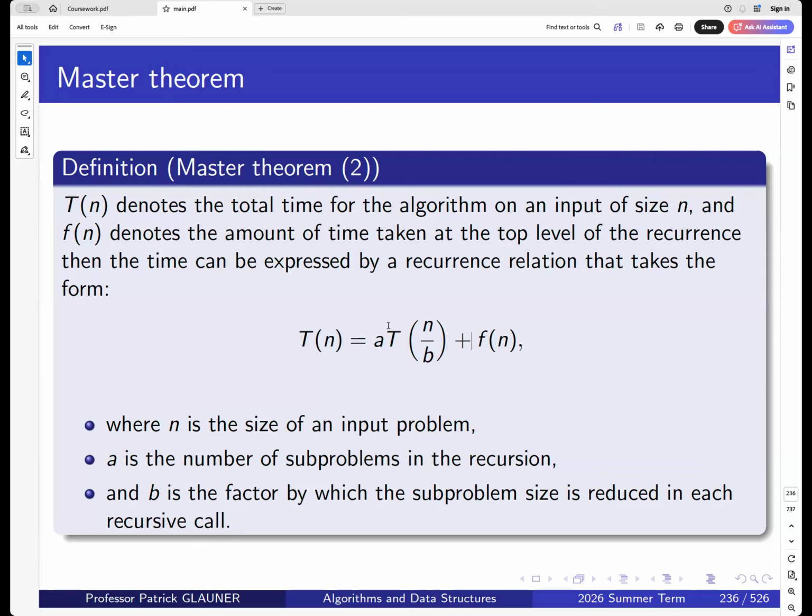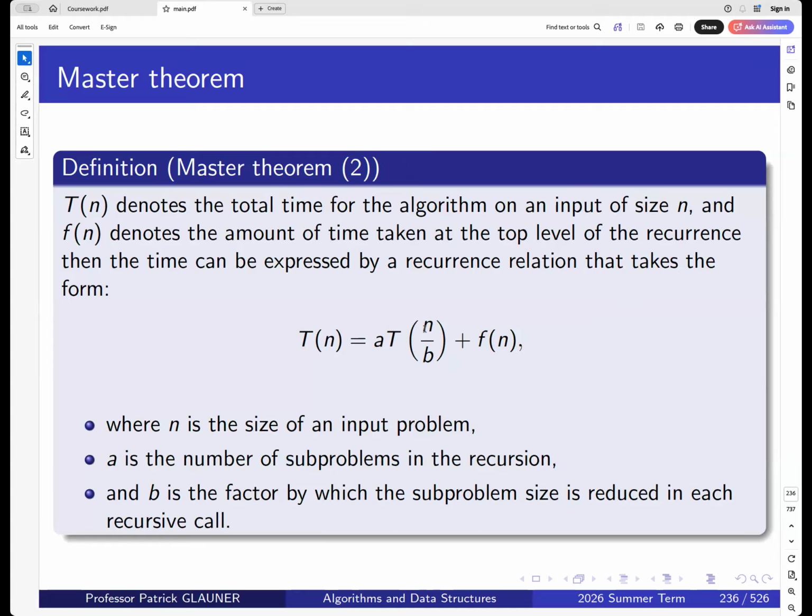So the recurrence relation has a component where we divide n by b, which is a constant factor, plus we have a factor in front of that recursion, which is a, which is also a constant, plus there is some extra work that can be described by a function f of n. If our recurrence relation falls into this pattern, then we can use the master theorem to solve it straightforwardly.